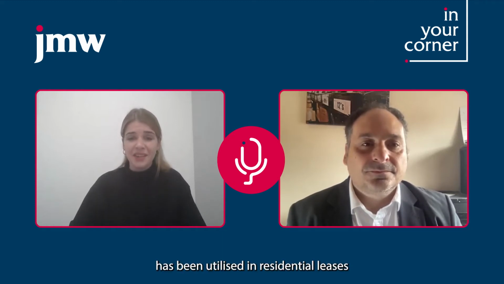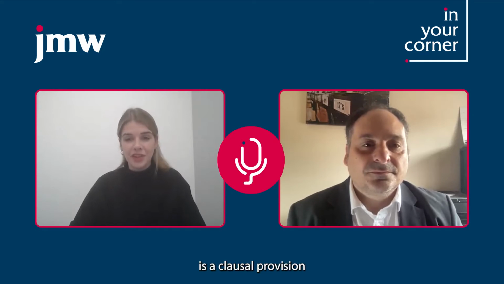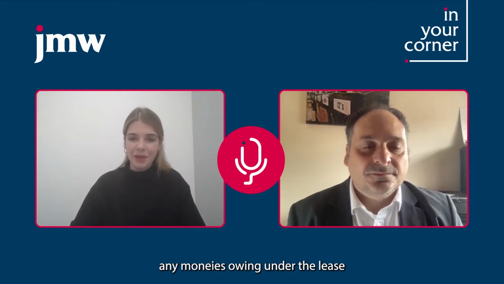are really different. It's something which has been utilised in residential leases for hundreds of years, and what you would be expecting to see in a residential lease usually is a clause or provision which states something along the lines of, subject to any default by the tenant in respect of any covenants in the lease or a failure to pay any monies owing under the lease, then the landlord has a right to re-enter the property.